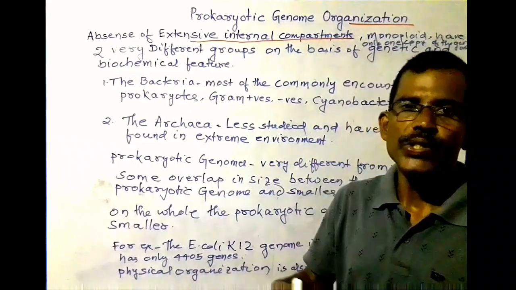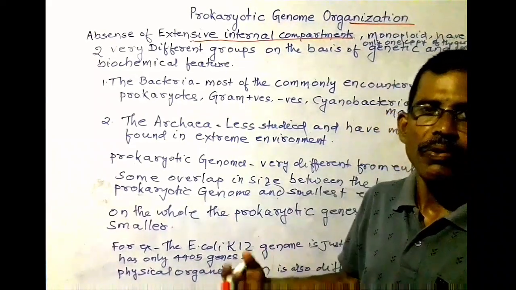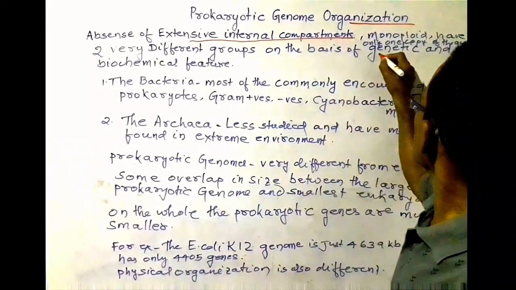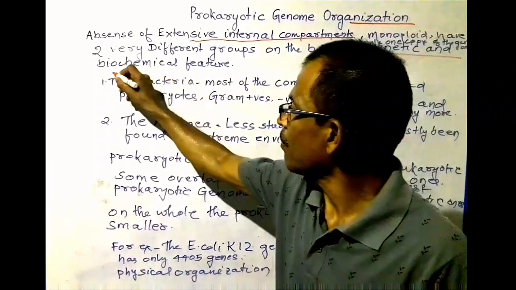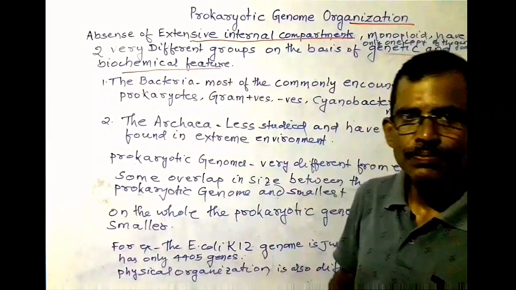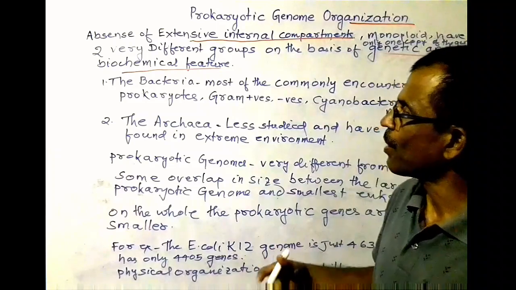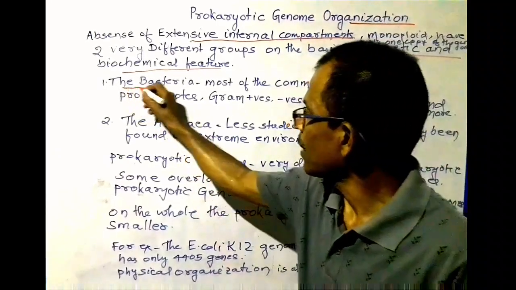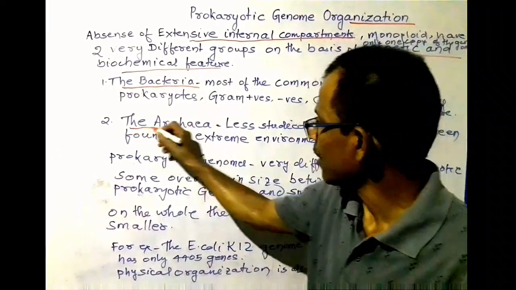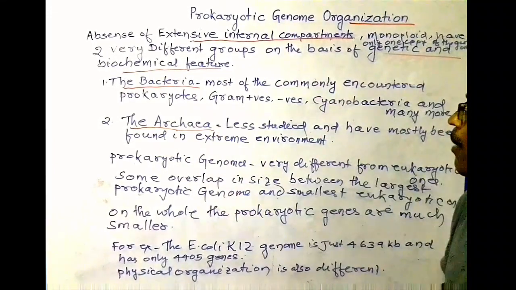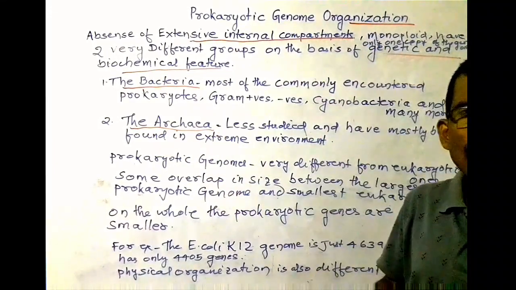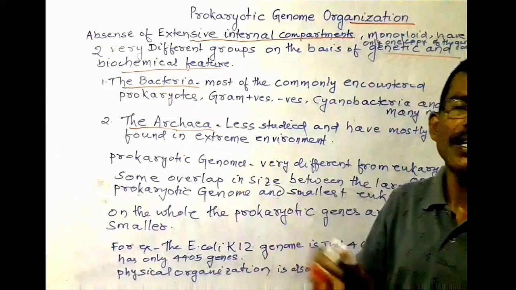Prokaryotes can be distinguished into two very different groups on the basis of genetic and biochemical features. These two very different groups are the bacteria and the archaea. Most of the commonly encountered prokaryotes are the bacteria.